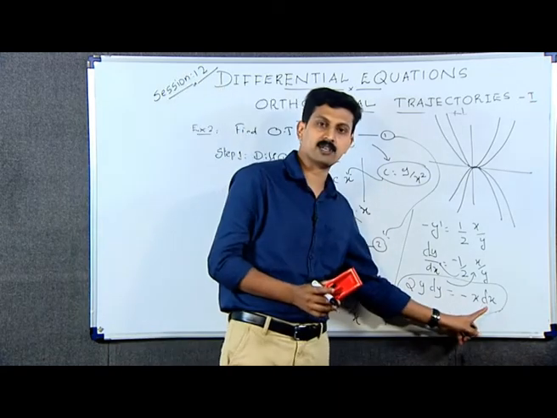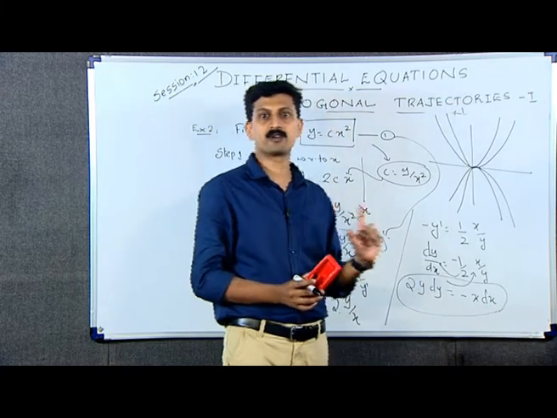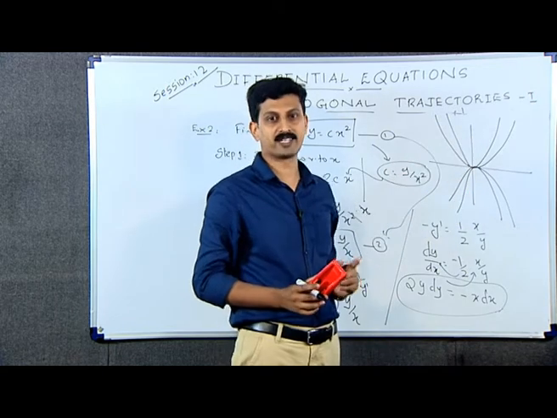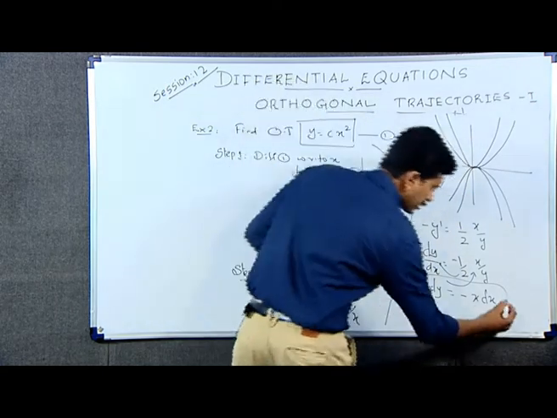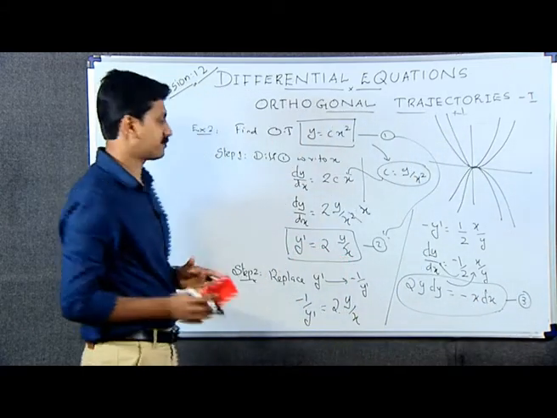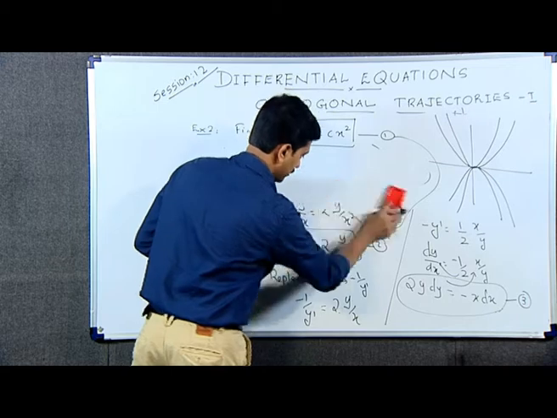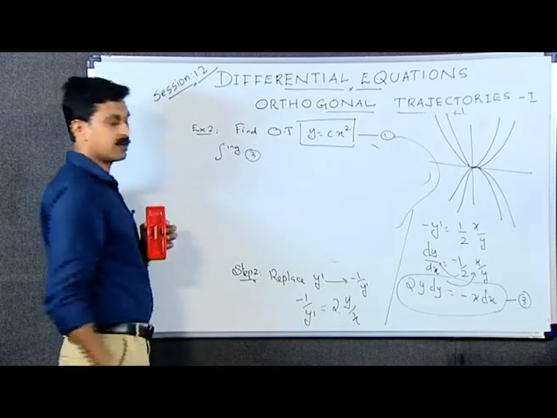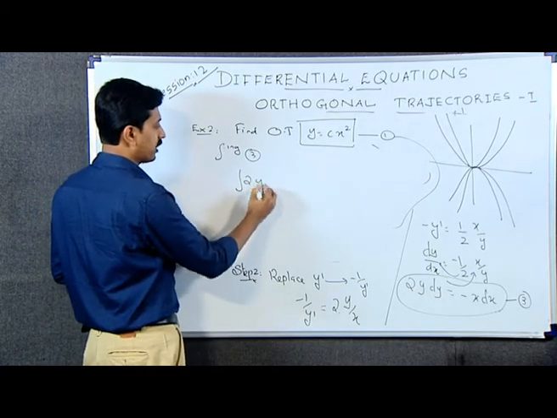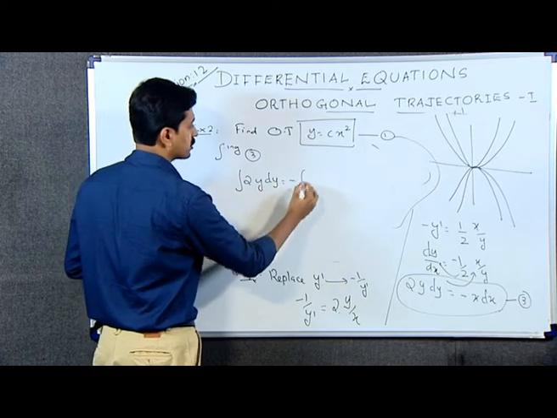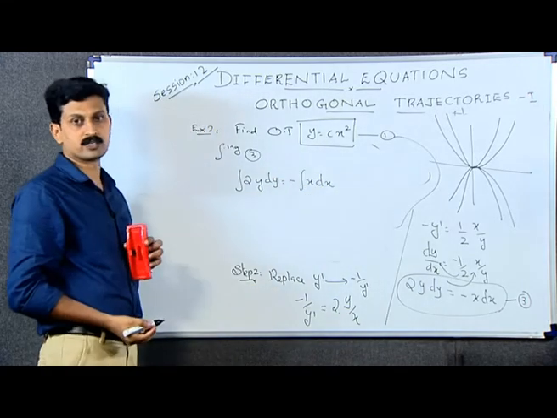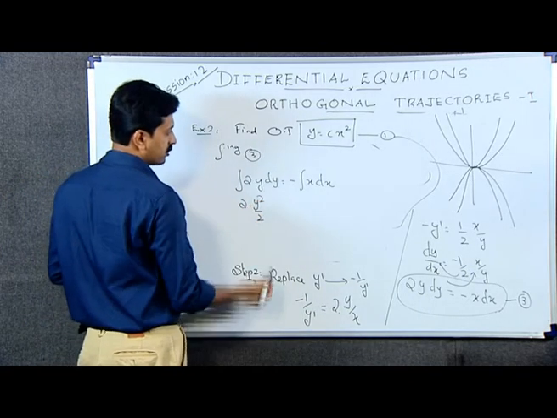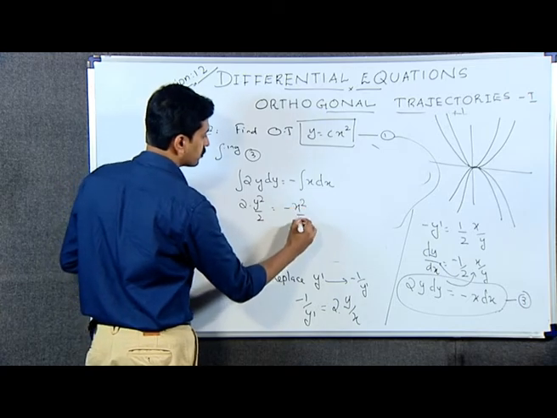While solving this differential equation, we will get a family of curves which are orthogonal to the family of parabolas which is symmetric about the y axis. I am taking this as equation number 3 and integrating 3. So, we will have the integral of 2y dy is equal to minus the integral of x dx. 2y square by 2 equal to minus x square by 2 plus c.